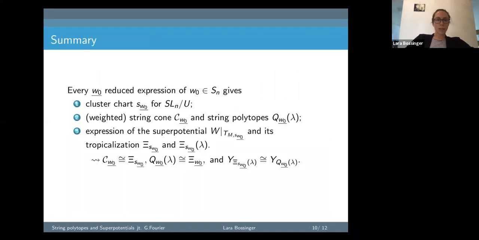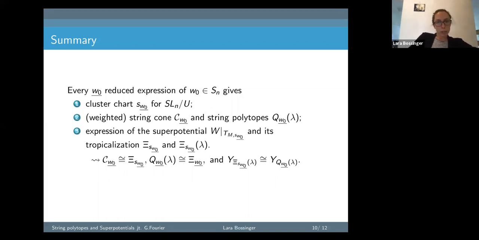So let me summarize what's going on here. I started with a reduced expression of the longest element in the Weyl group of SL_n. That defines a cluster chart by just doing some combinatorial tricks. But it also defines a weighted string cone and a string polytope associated to every dominant integral weight lambda.